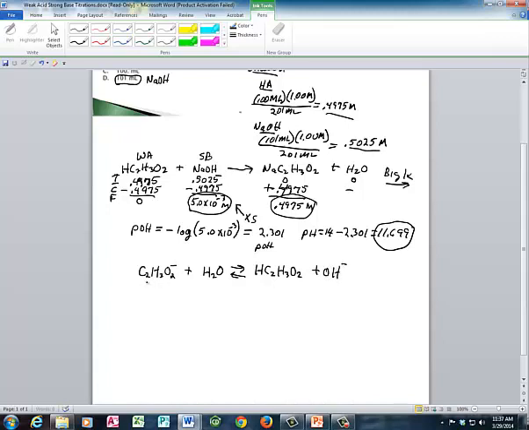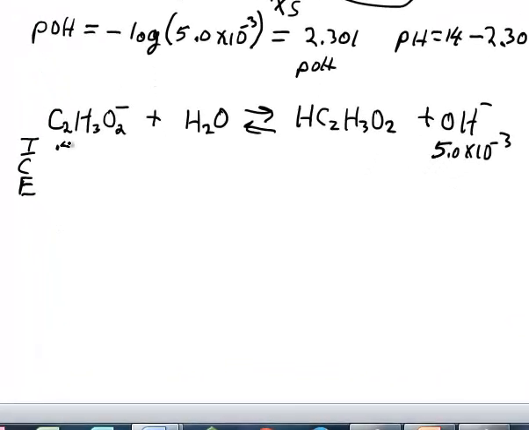Well, if you think in terms of Le Chatelier's principle for this equilibrium reaction, we actually have, because of the strong base, a 5.0 times 10 to the minus 3 molar concentration initially of our hydroxide ion. And even though we have a 0.4975 molar concentration of weak base, there is this excess amount of product.